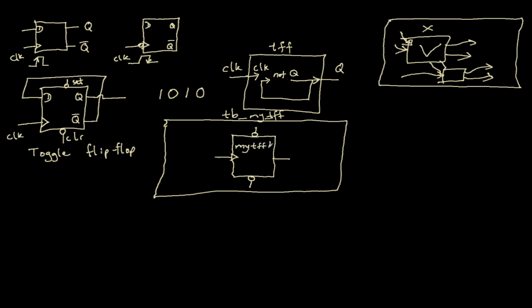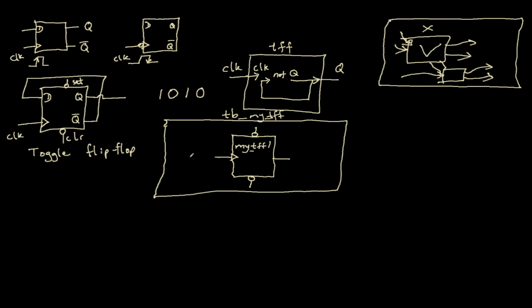The reason I'm calling it my TFF1 is that I could have decided to place many of these, or more than one my TFF, inside this test bench. I could have decided to supply different inputs to each one of these components, or I could have decided to interconnect them. We will actually interconnect them in a later video, probably the very next video, to form a counter of sorts. Then while they're interconnected, we'll test that entire connection. But in the meantime, let's just test this single component, and I'll call it my TFF.